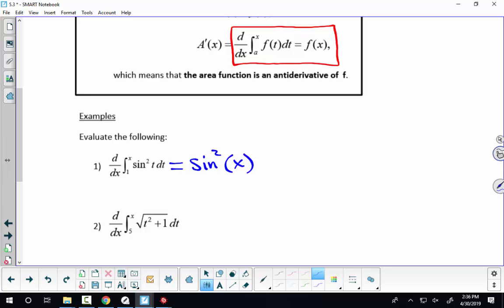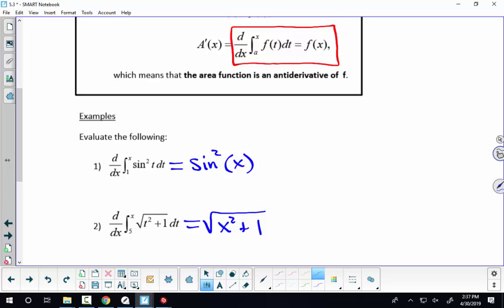Square root of x squared plus 1. That function of t just becomes a function of x. Once we look at the second part of the fundamental theorem, we'll look at this in another way, because then we'll have a means to actually evaluate this. But this is by far the shortest way to evaluate these kinds of things.